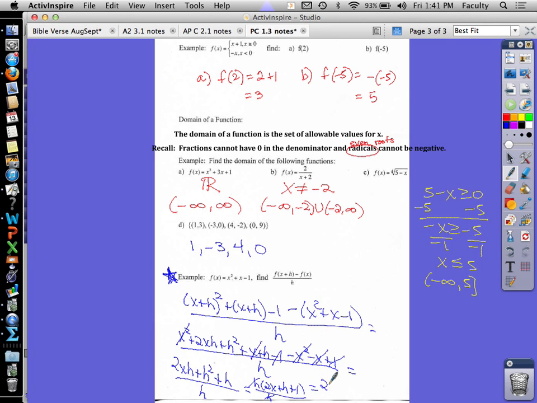And you end up with 2x plus h plus 1. You really need to wait to calculus to figure out what we're going to do with this. On Monday, my calculus class is going to find out the definition of the derivative uses this difference quotient. Okay?